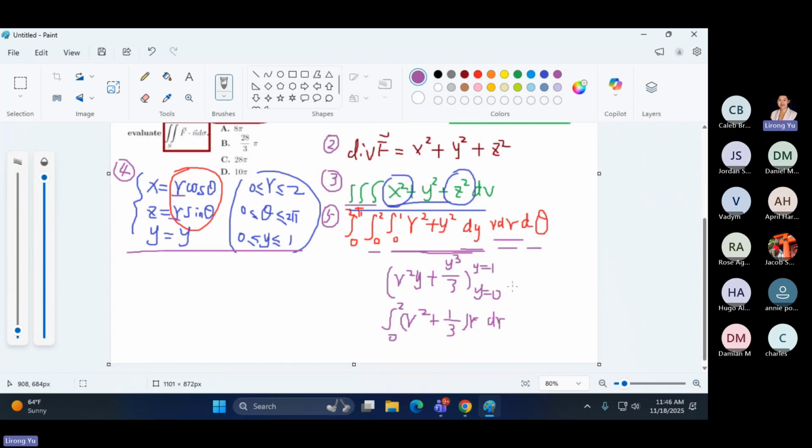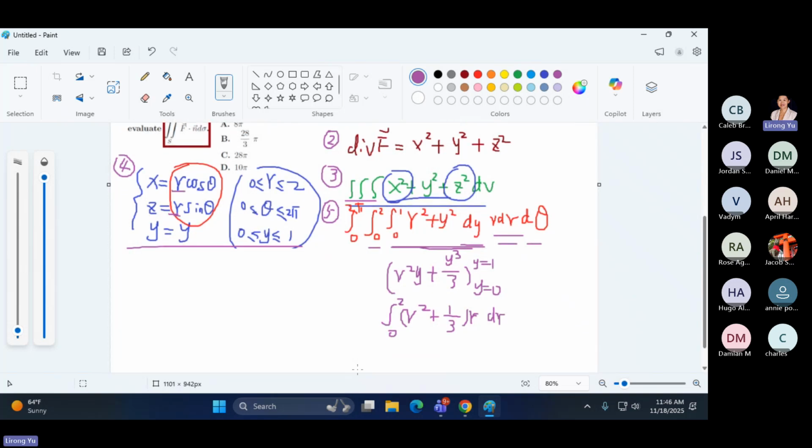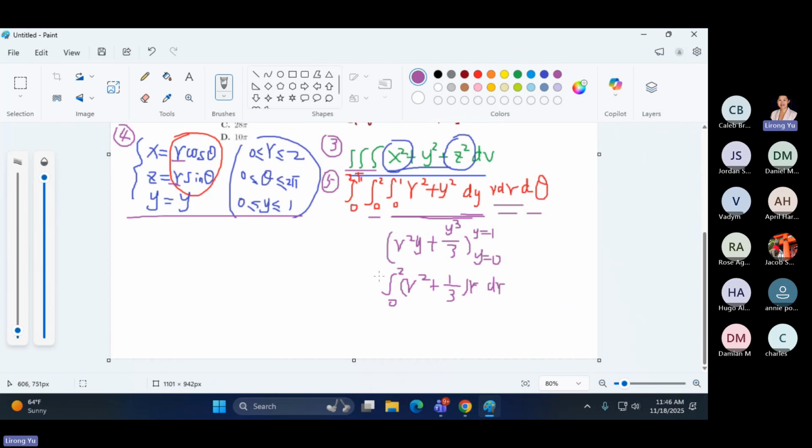So for the calculation, if you integrate it, r squared times r is r cubed. Integrating r cubed will give us r to the power 4 over 4, plus 1/3 of r. That's 1/3 times r squared over 2. Those are the antiderivative for the integration of the r variable.